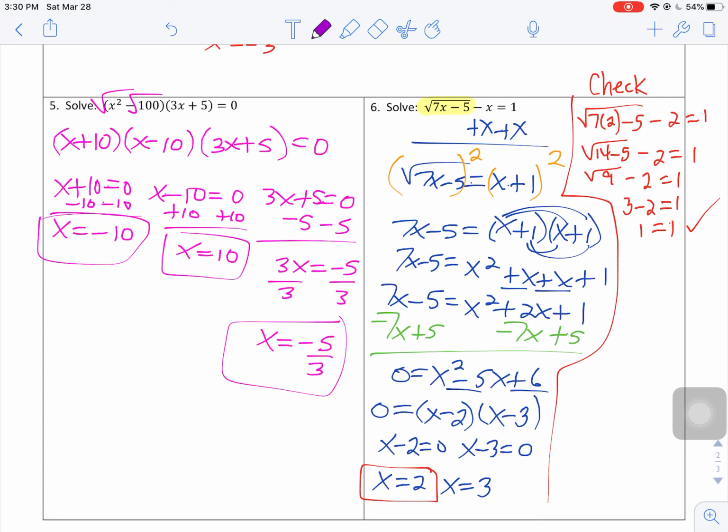Then you need to check the other answer. So now I'm going to check x equals 3. So I just go back to the original equation. Wherever I see an x, I'm going to plug in a 3. So 21 minus 5 minus 3.